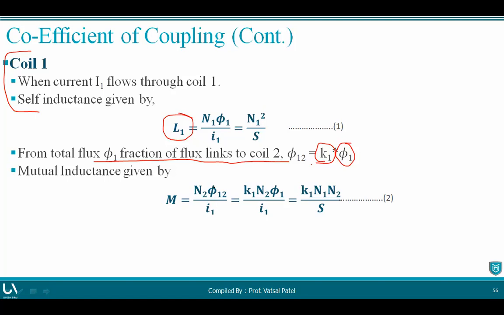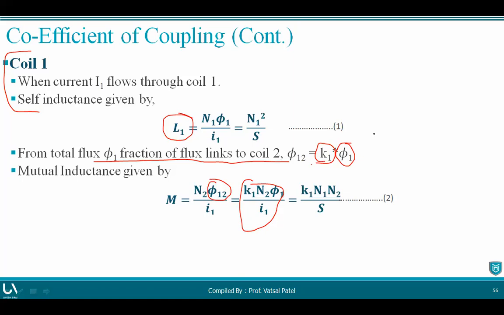Now phi 12 is equal to K1 into phi 1, so we put that here. The total equation is K1 N2 phi 1 divided by I1. When I put phi 1 is equal to mmf N1 I1 divided by S, I1 cancels out. The remaining equation is K1 N1 N2 by S. That is equation number 2.